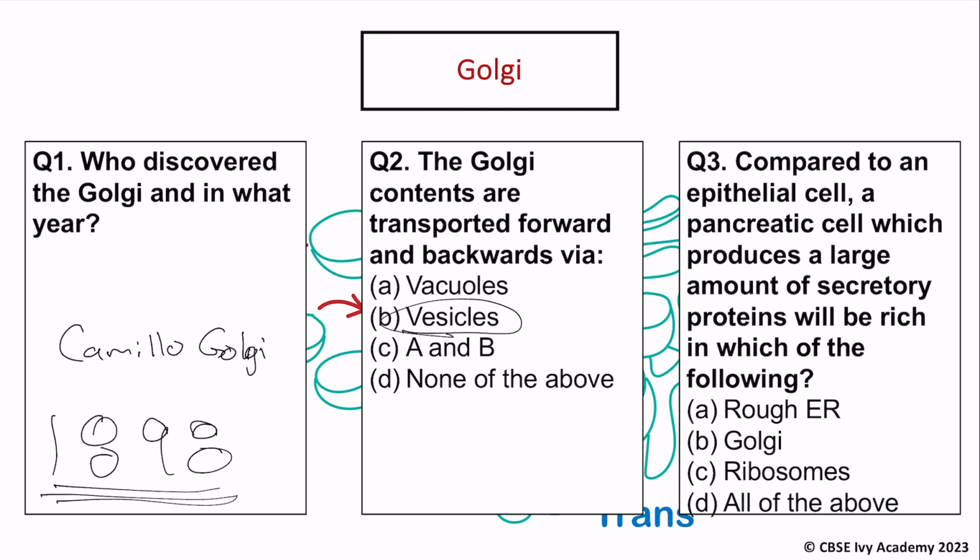And the answer is all of the above. You will have more ribosomes, and they'll be embedded on more rough ER, and you will have more Golgi as well. And that will all help this pancreatic cell produce a lot more secretory protein than, say, an epithelial cell.